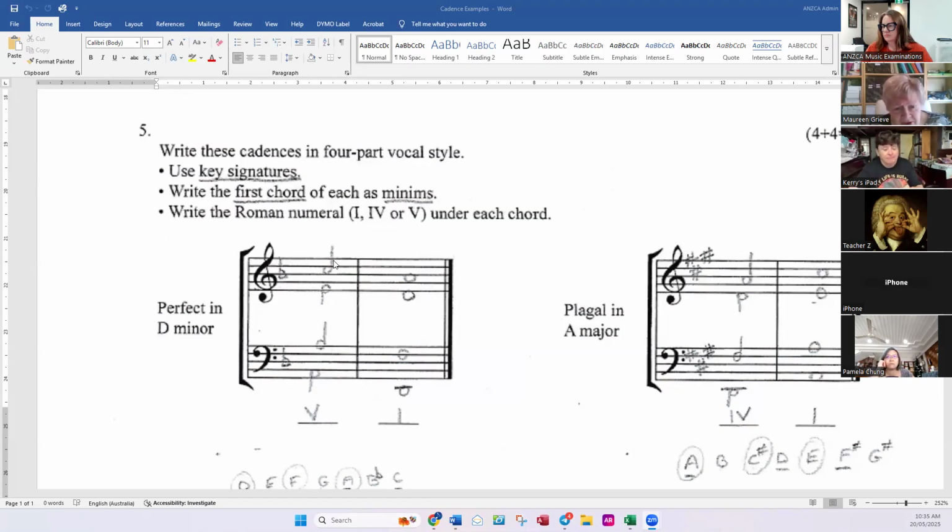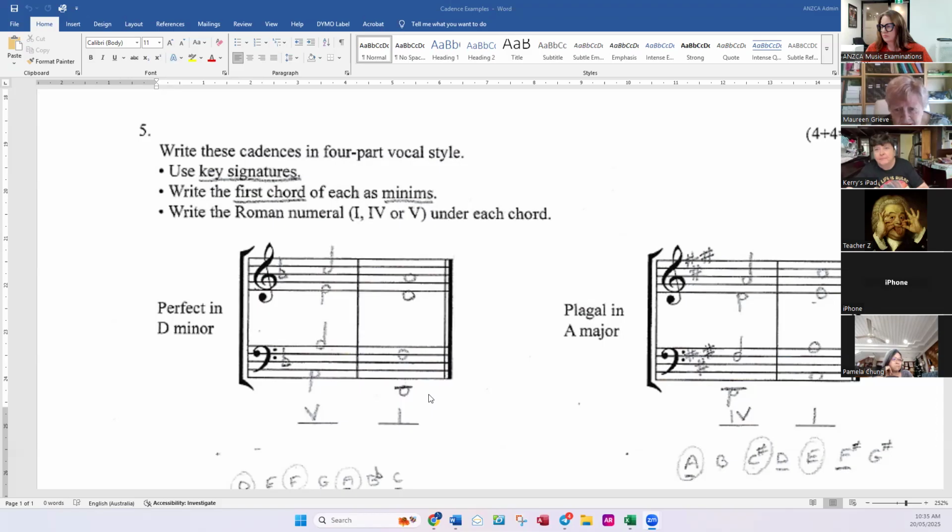So there's 2 errors there: there's no sharp for the C sharp, and there's no rising to the tonic. Other than that, the spacing is okay. There mustn't ever be more than an octave between the voices other than between bass and tenor.